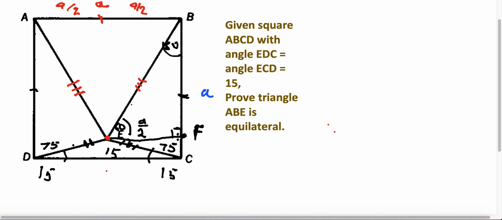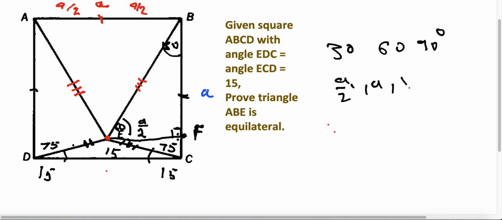And a 30, 60, 90 degree triangle. We know the sides are A over 2, A, and square root of 3 times A over 2.